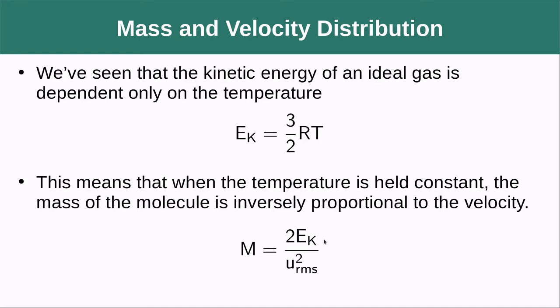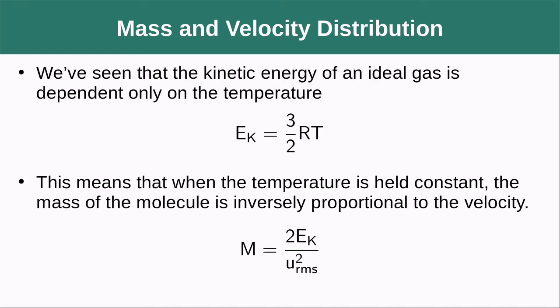Mass and velocity distribution. We've seen that the kinetic energy of an ideal gas is dependent only on the temperature. This means that when the temperature is held constant, the mass of the molecule is inversely proportional to the velocity.